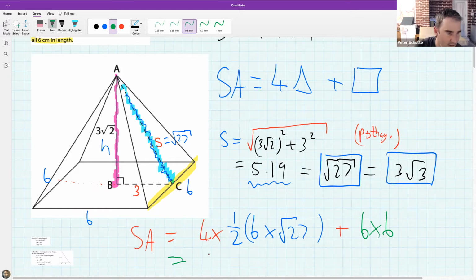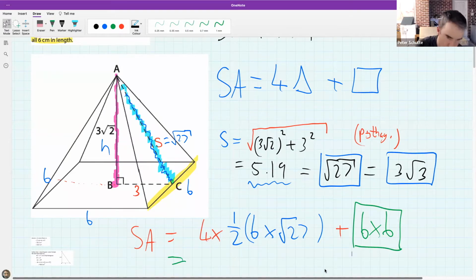You should be getting in total, okay, some of you are getting the total without the 36. So don't forget, you need to add that there. So this part over here gives you 62.35, but you have to add your 36.